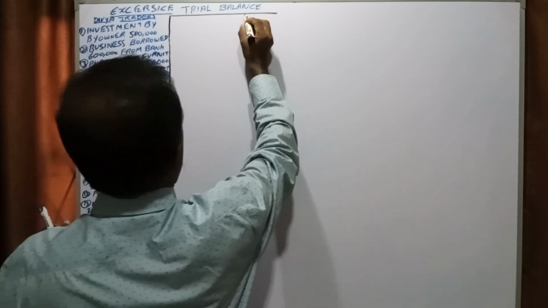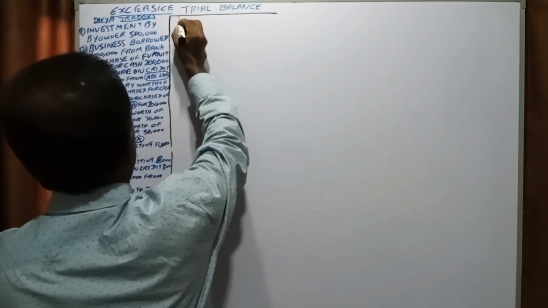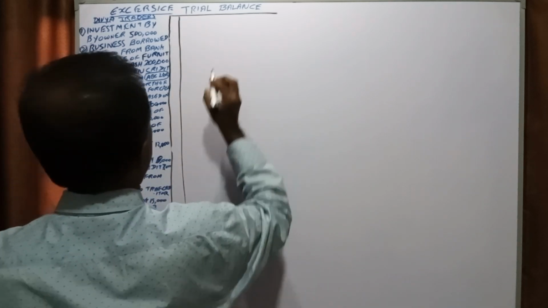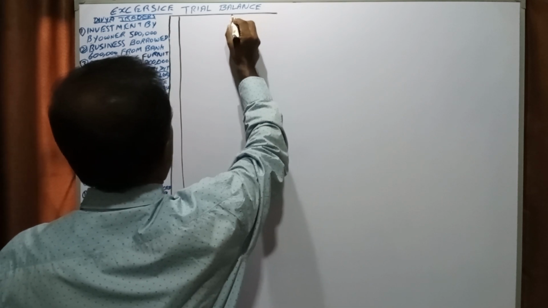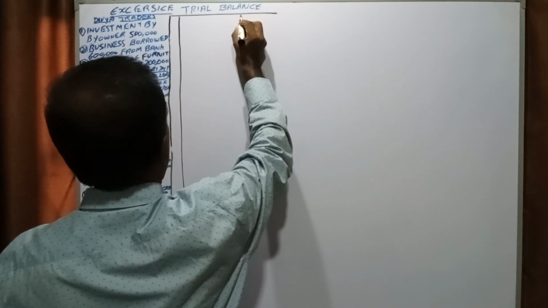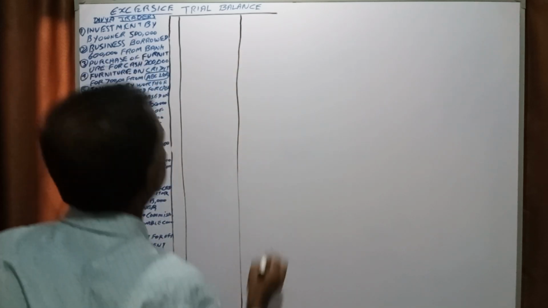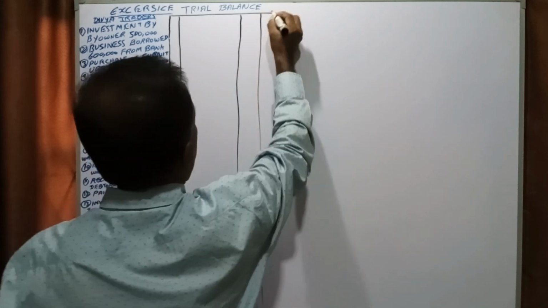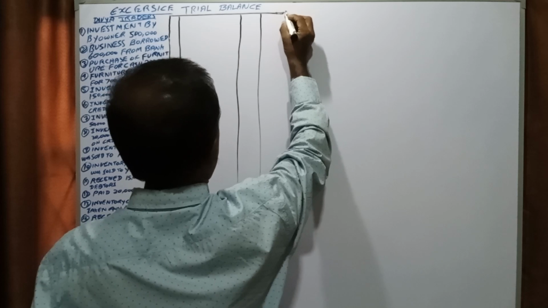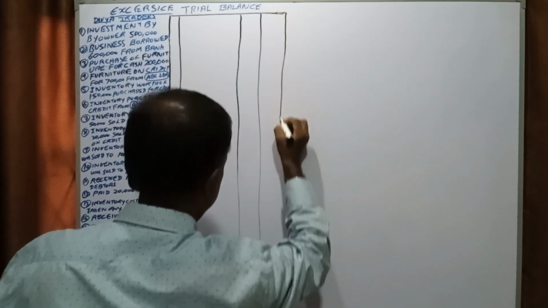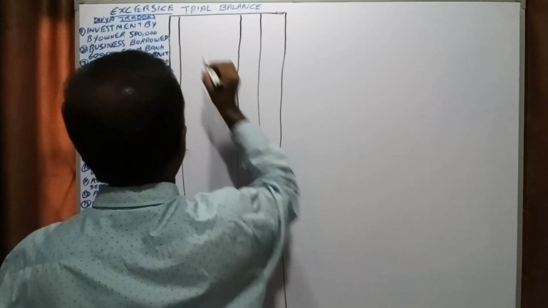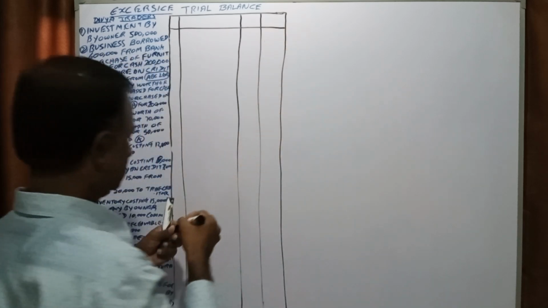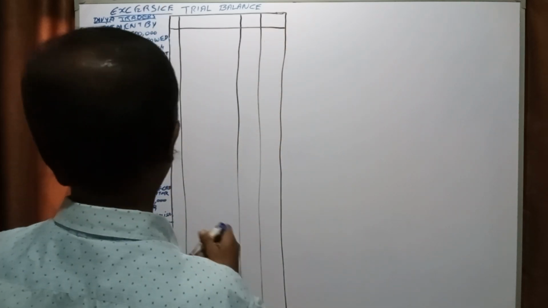Account heading and description. This is debit and this is called credit. This is called the trial balance.